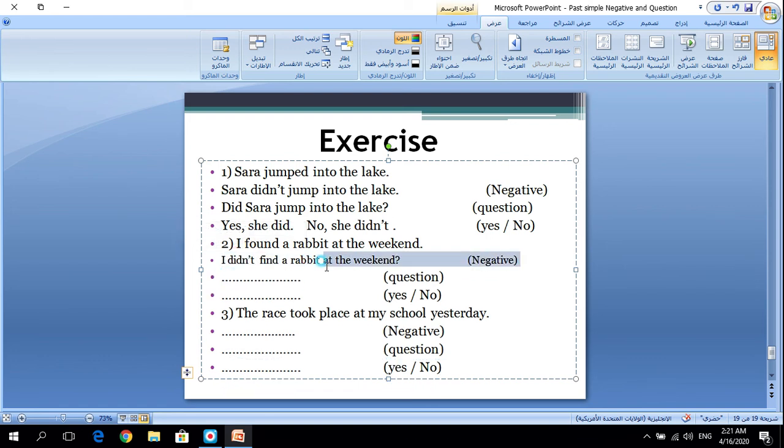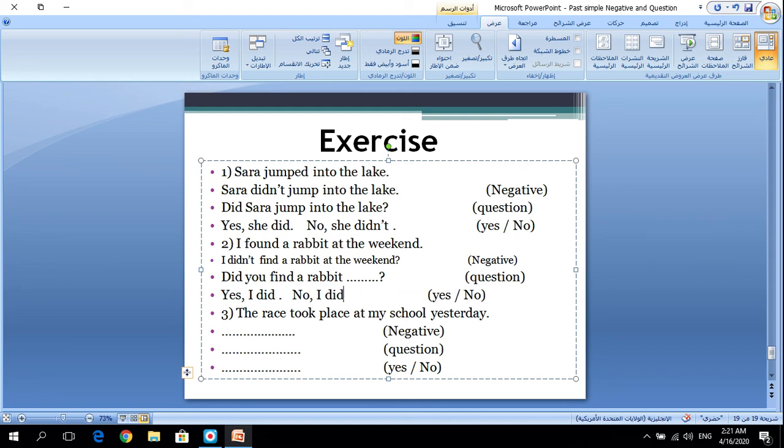Then the question form will be, did, and here is I, you have to change it into you. Did you find a rabbit? And then you have to complete the sentence. The answer to this question will be yes, I did, or no, I didn't.